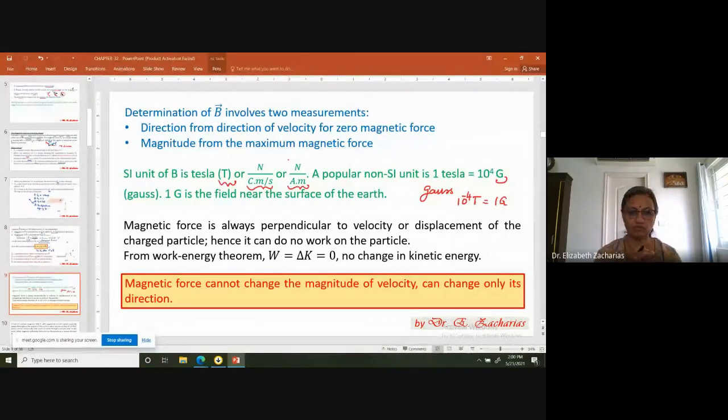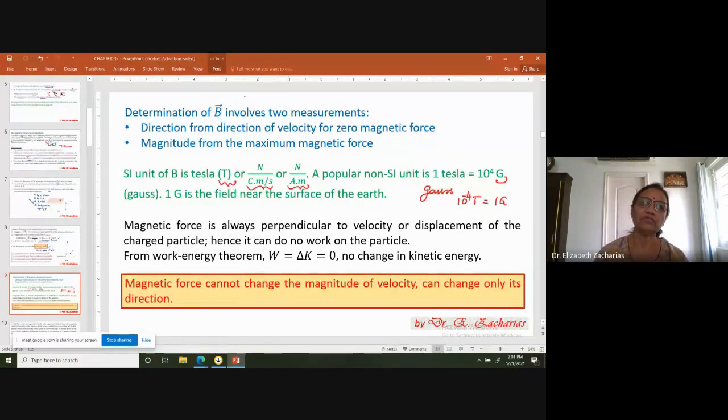You know that current is a source of magnetic field, so using large currents, you can produce a magnetic field which is close to a Tesla. 1 Gauss is a magnetic field associated with regions close to the surface of the Earth. Earth is a magnet, as we have seen, so the magnetic field close to the surface of the Earth is approximately 1 Gauss. That's how the Gauss unit came. 1 Gauss is not an SI unit, but it is a popular unit.